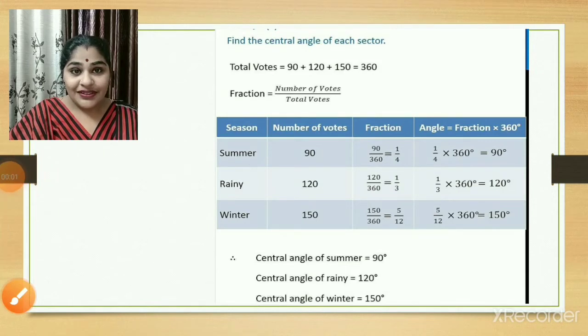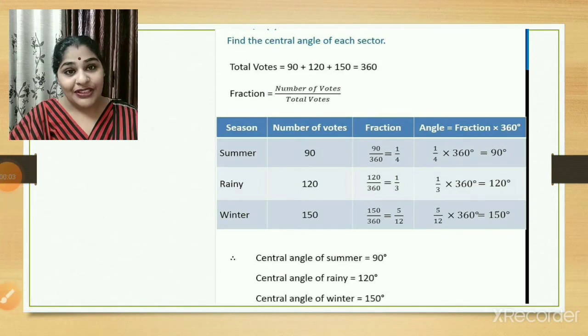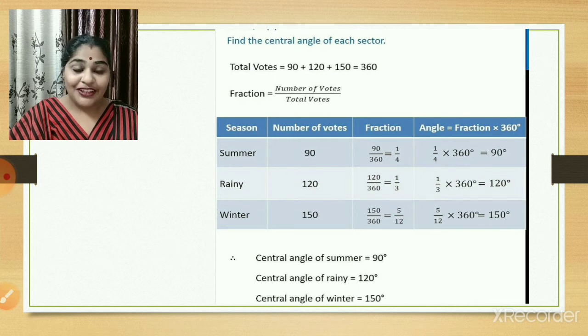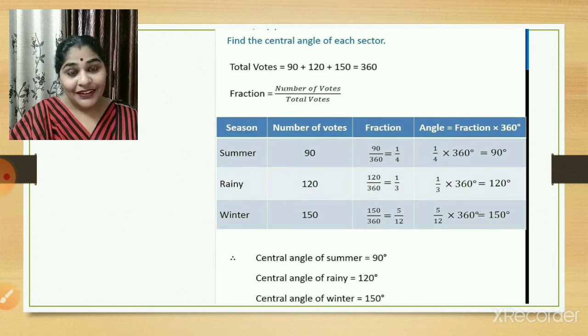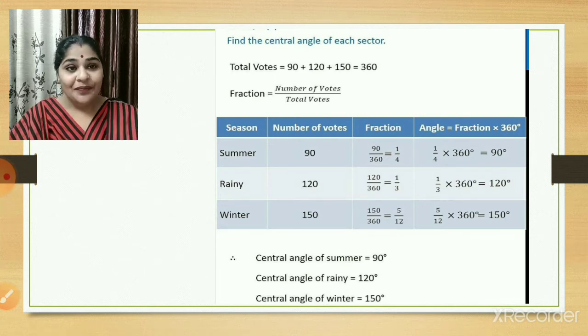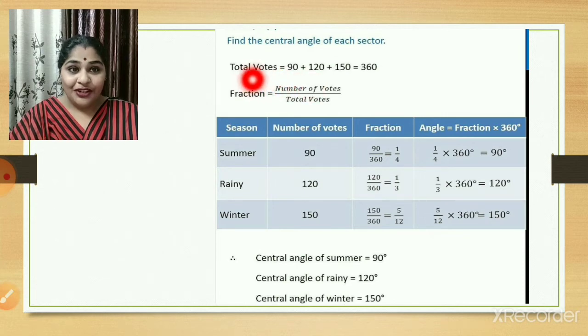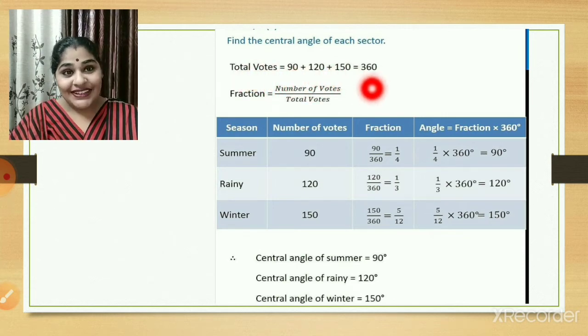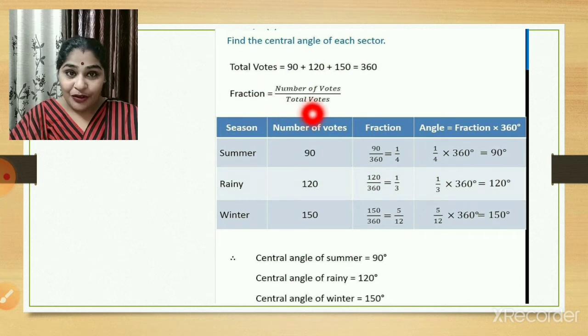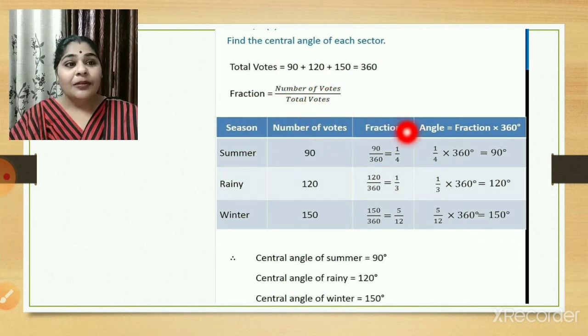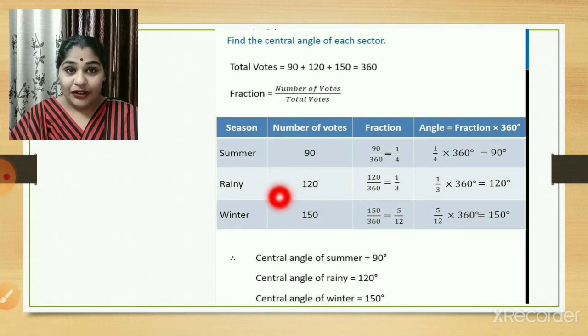So this is how you have to draw the pie chart, and you have to find the central angle, children. So how to write in the notebook? Pay your attention here. First thing you will write, total votes is equal to 360 degree. Fraction, how to find, is number of votes divided by total votes. Make a table like this in your classwork.